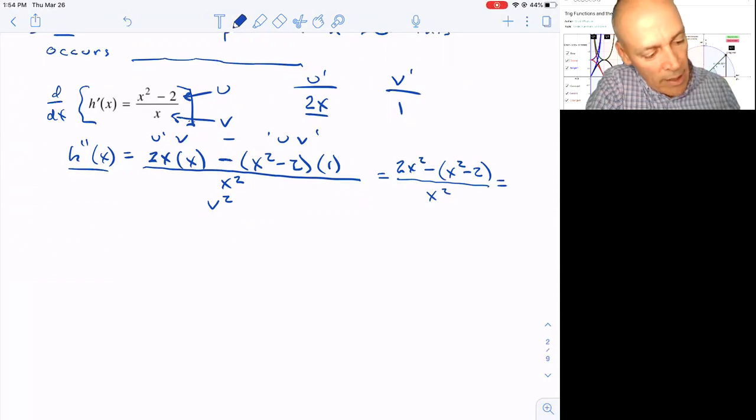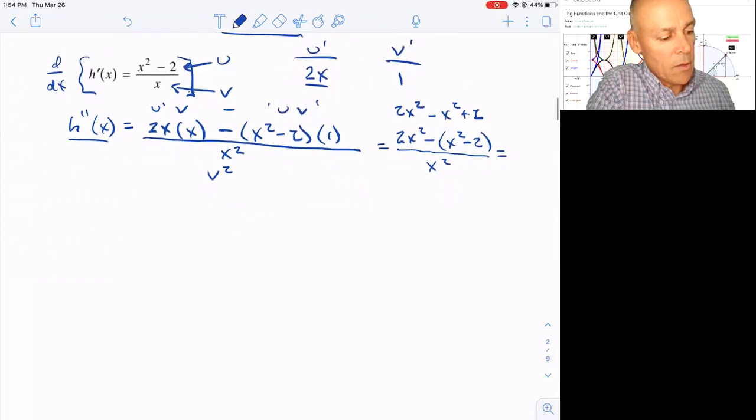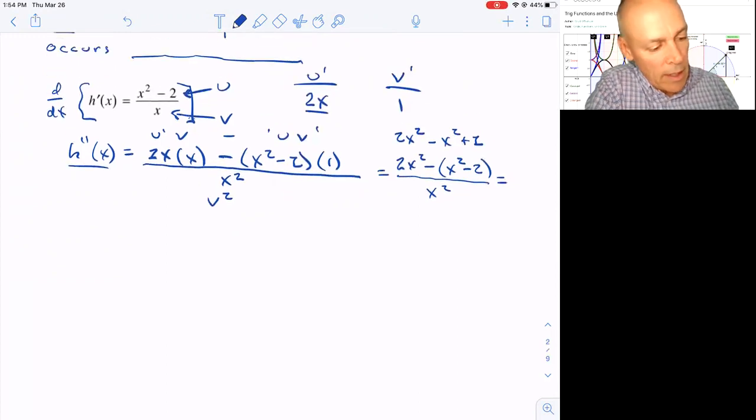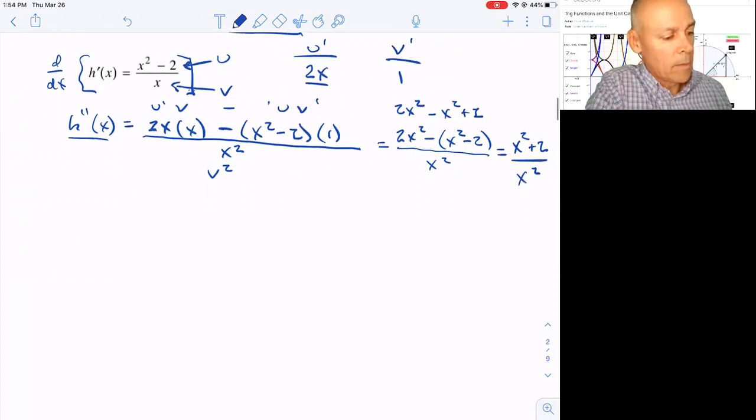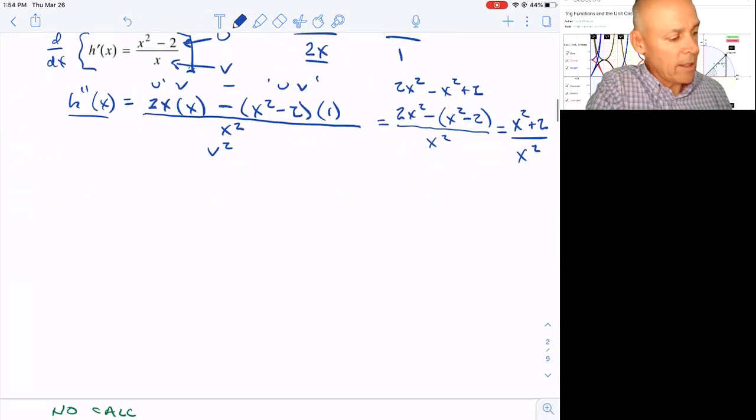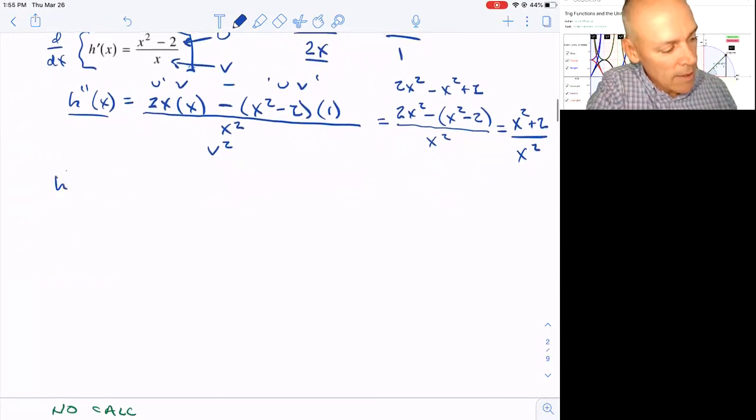If I distribute the negative, I'm going to have negative x squared plus 2. So I have 2x squared minus x squared plus 2. So when the dust settles, I'm going to have x squared plus 2 over x squared. So that is my second derivative.